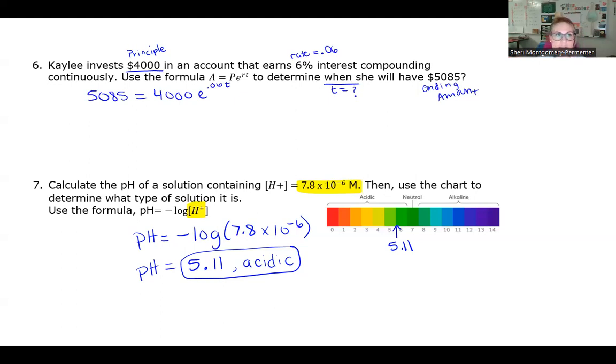Right now, I'm multiplying by 4,000. So what do I do to get rid of multiply by 4,000? Divide. So I'm going to divide by 4,000. I don't have to do this until the end. I can leave it all like that until I use the calculator one time.